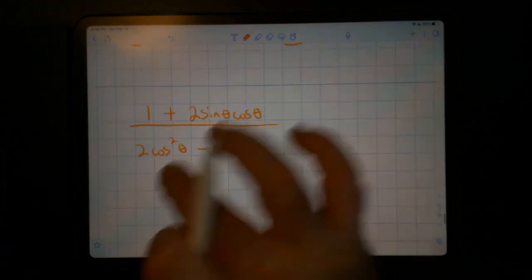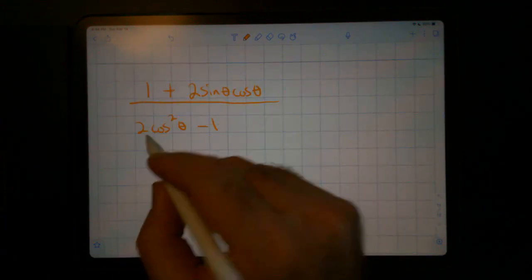This cosine squared is sine squared minus 1. I'm sorry, 1 minus sine squared.